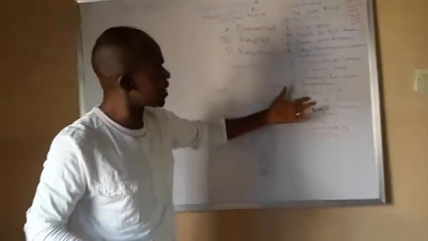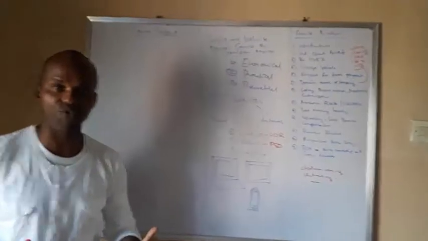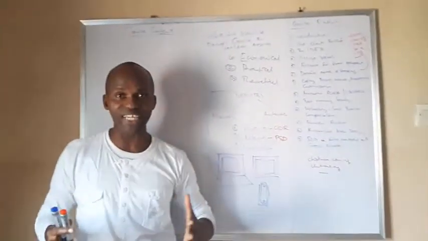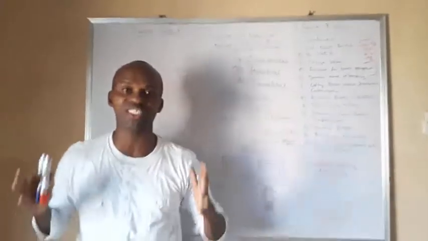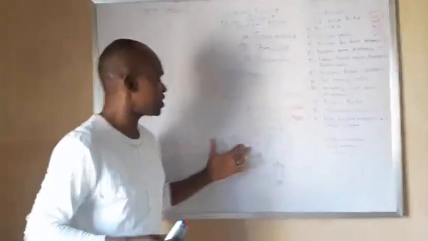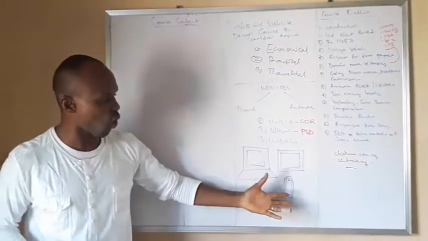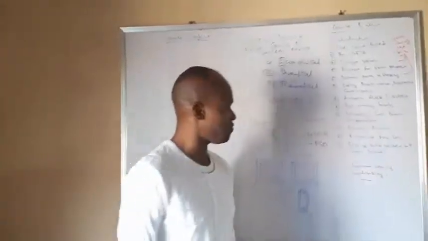This is what it means for a site to be responsive: whatever device your website is on, it automatically adjusts itself to that device, either a desktop system, a tablet, or a mobile phone.